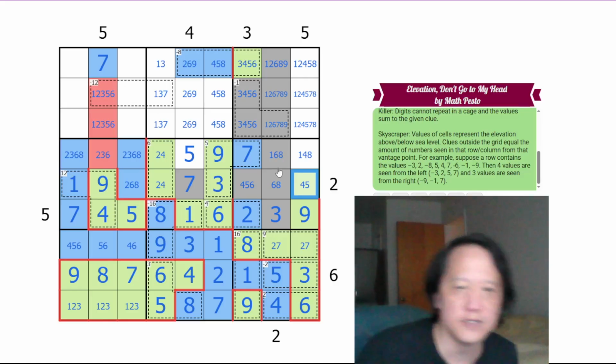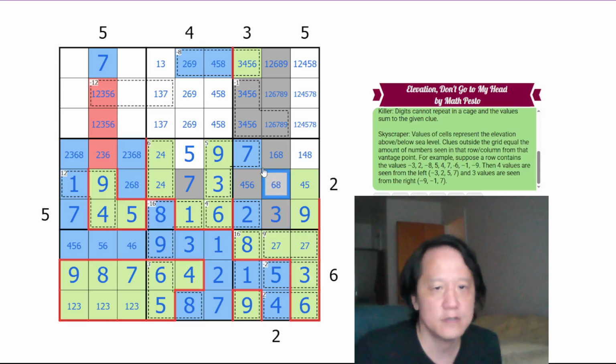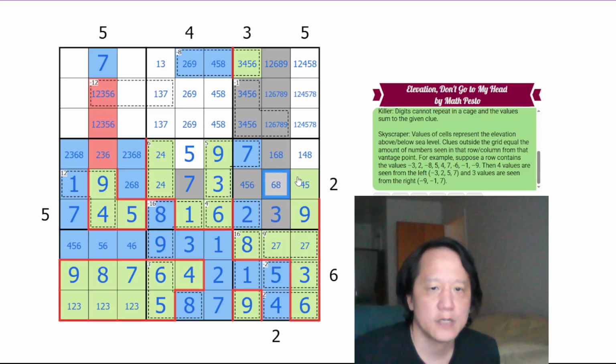That means this digit, whichever it is, cannot be land, because if it were land, it would be greater than 4 or 5. So this has to be water to not be seen, because none of these can be seen. So this is water. 3 cannot be land because it would be part of this island here. So this must be water.